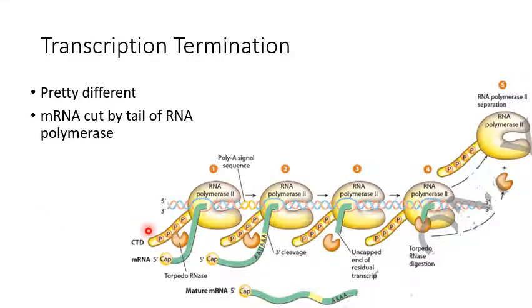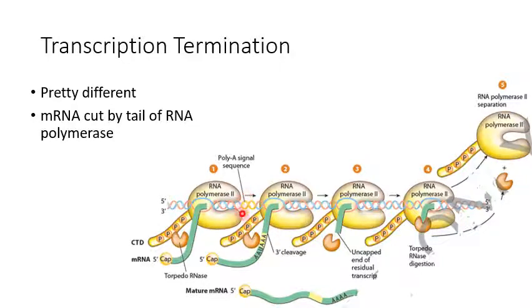In eukaryotes, here you have your RNA polymerase chugging along, transcribing the DNA. Here you have the mRNA strand that it is building, and then here is the tail of the polymerase. Every RNA polymerase in eukaryotes that does transcription is going to have this little tail coming off the back of it, and it has enzymes on that tail.